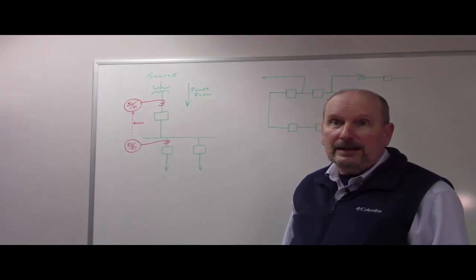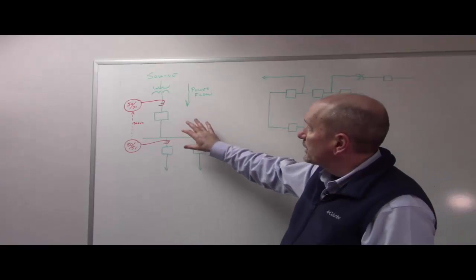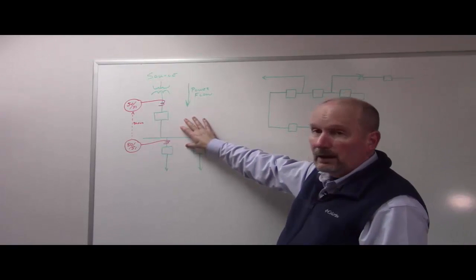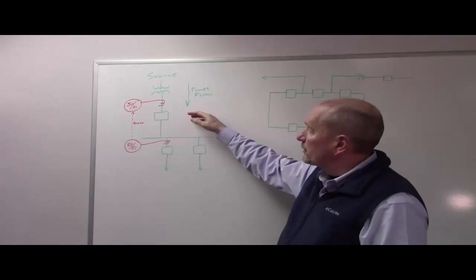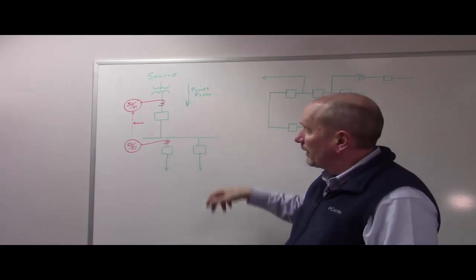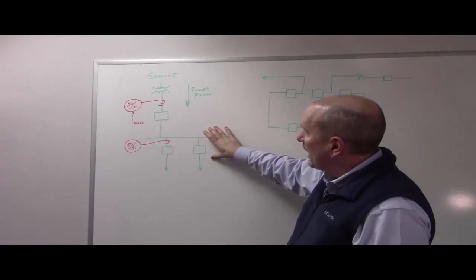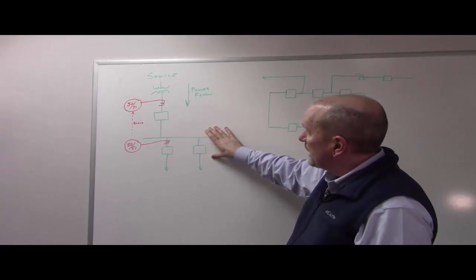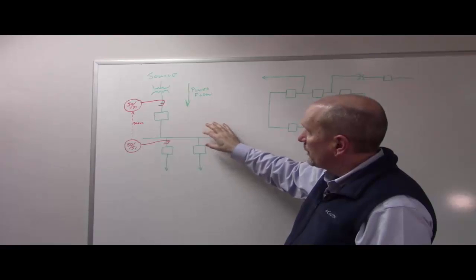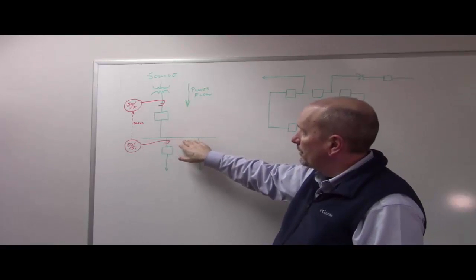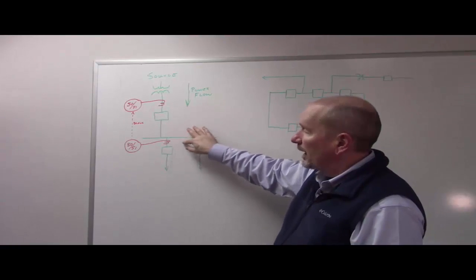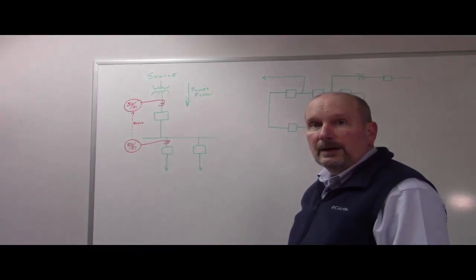You can also get a similar concept to this in metal-clad switchgear. Now, I describe this as being typical of a distribution substation. Picture, instead of an open air rack, you had this as metal-clad, and you're trying to protect this from both faults on the feeder and faults on the bus.